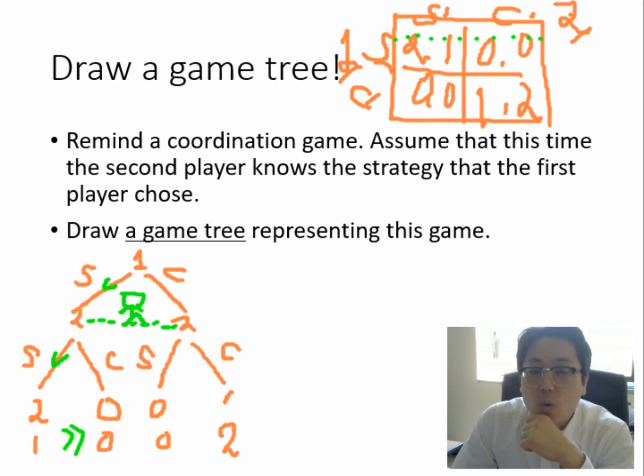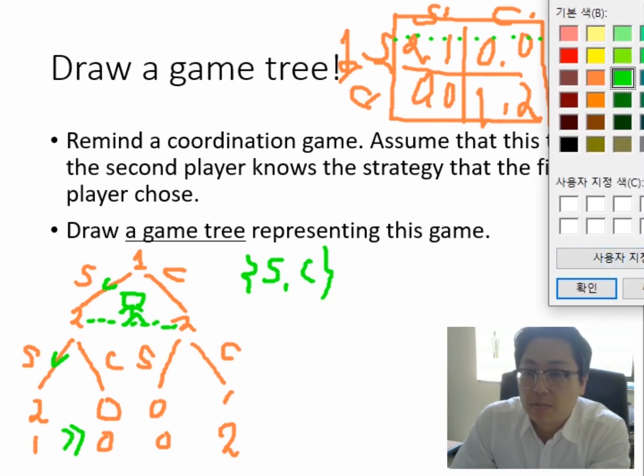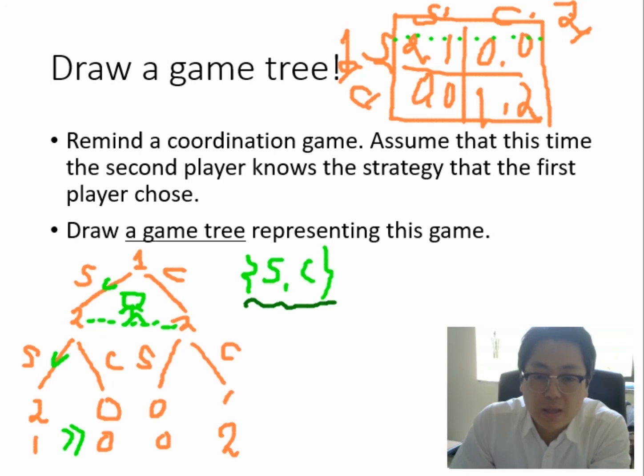What the second player knows is that the first player chose between S and C. That's all the information the second player has at this moment. The information the second player has at this node is just this: the first player chose between S and C.